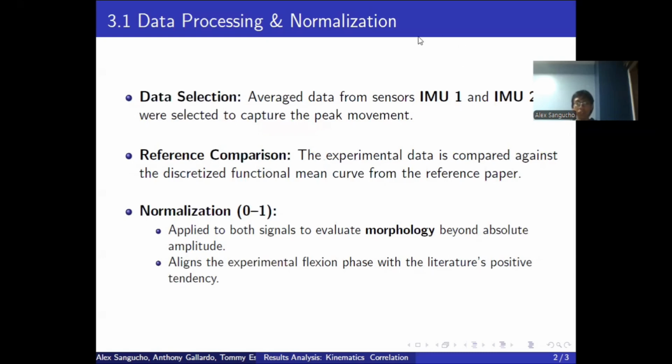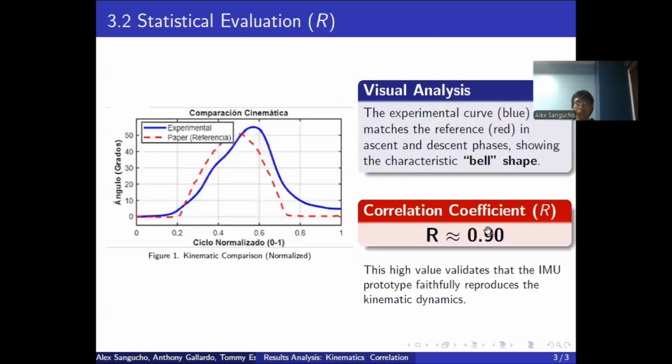Normalization 0 to 1 of the amplitude of both signals to evaluate morphology beyond absolute amplitude. Alignment: the experimental inflection aligns with the literature's positive tendency. Statistical evaluation: visualize figure one, kinematic comparison normalized.